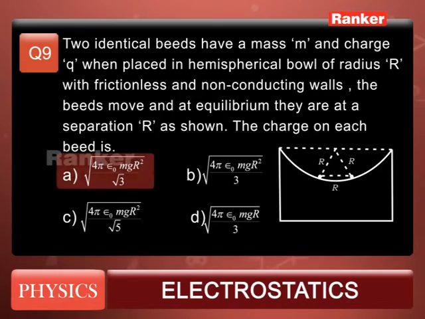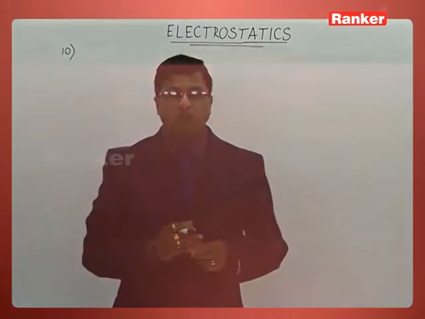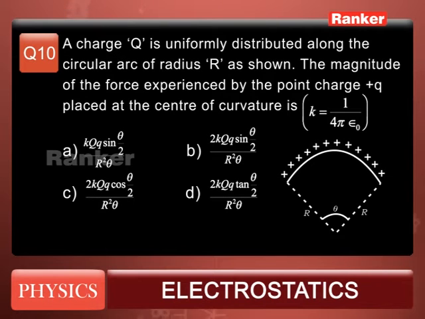Let us switch over to problem number 10. It is also one of the very good models. It has appeared in previous papers also. A charge capital Q is uniformly distributed along the circular arc of radius capital R as shown.